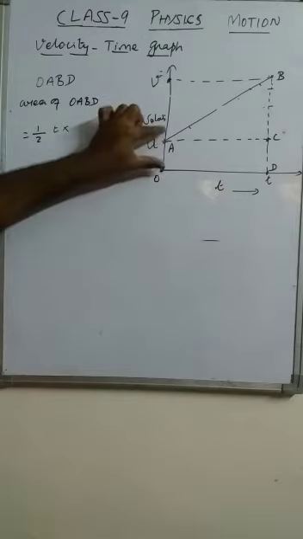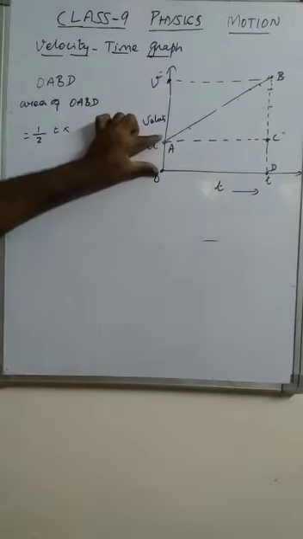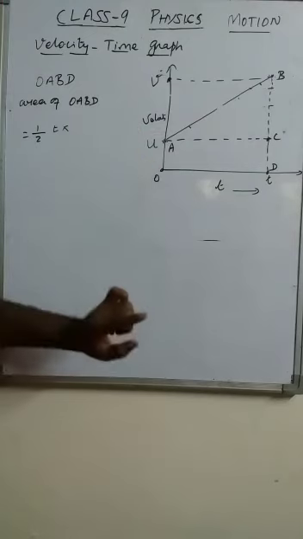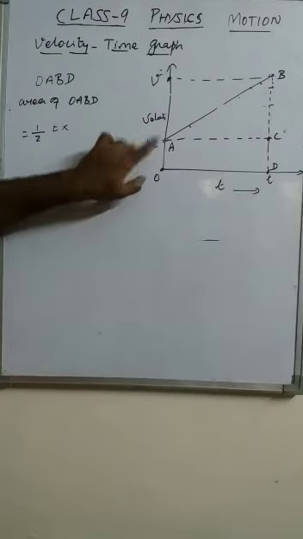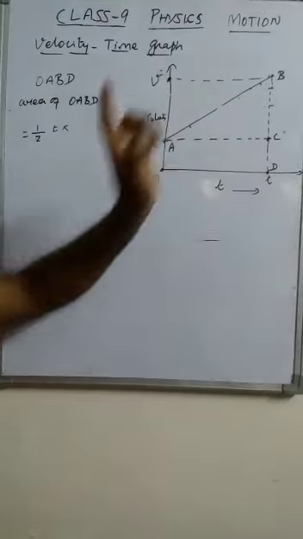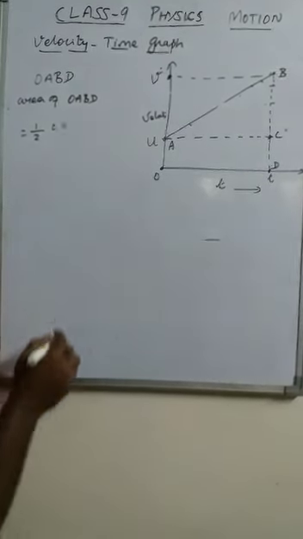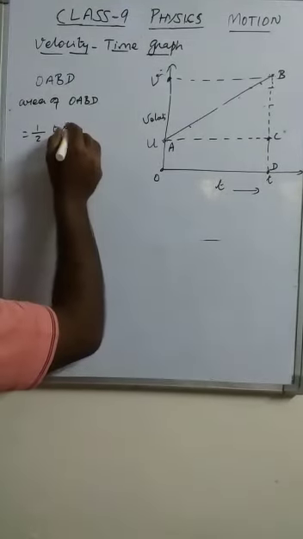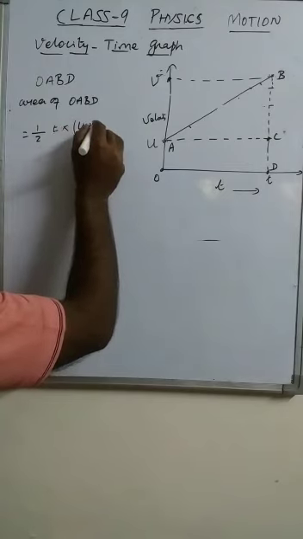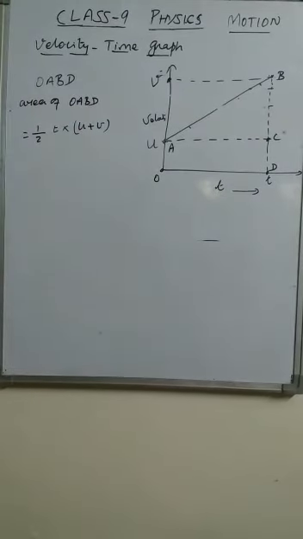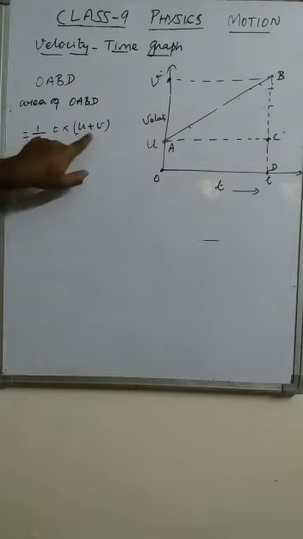This is one parallel side, another parallel side. This parallel side is OA, that represents the initial velocity, and this represents the final velocity. So the sum of parallel sides is u plus v. Here we are getting half into time into the sum of those velocities.